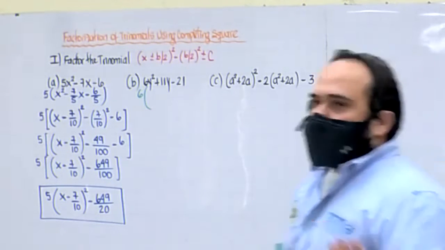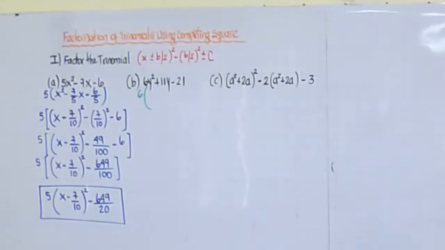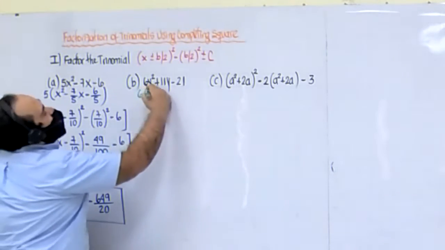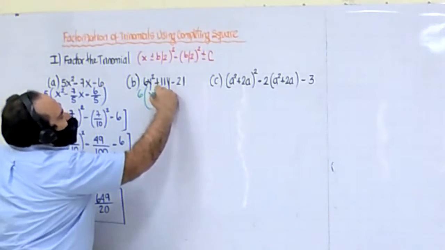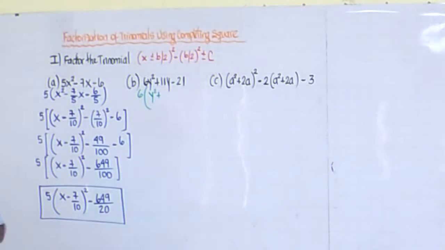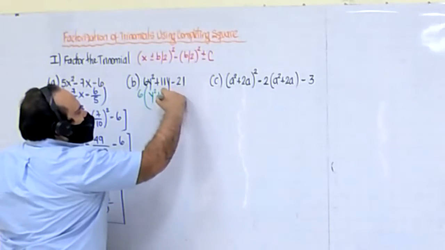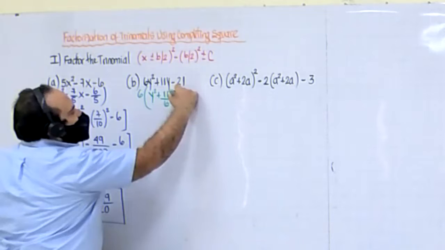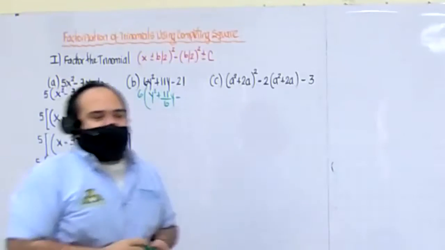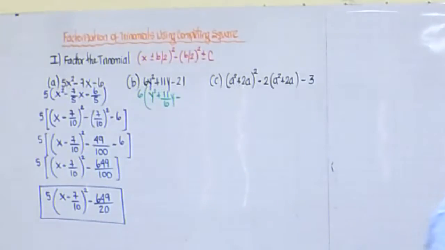For example, 6y squared divided by 6 will be y squared, or 1y squared. Plus 11 divided by 6 will be a decimal number. For that reason, the only thing we must do is write the expression using fractions, I mean, 11 over 6 y. And 21 divided by 6 will be a decimal.